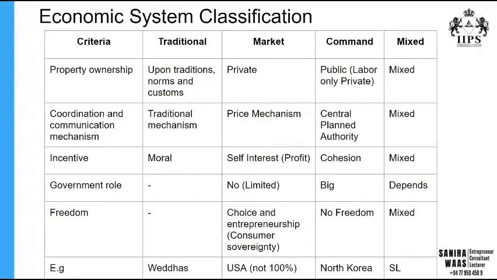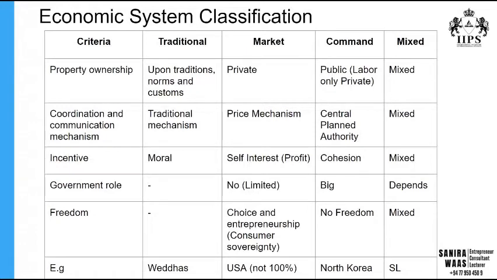Now let's see how property ownership as a criterion comes into play to create this variety among the different types of economic systems: traditional, market, command, and mixed. When it comes to the traditional economic system, the property ownership of resources basically relies upon traditions or else religious customs or norms.